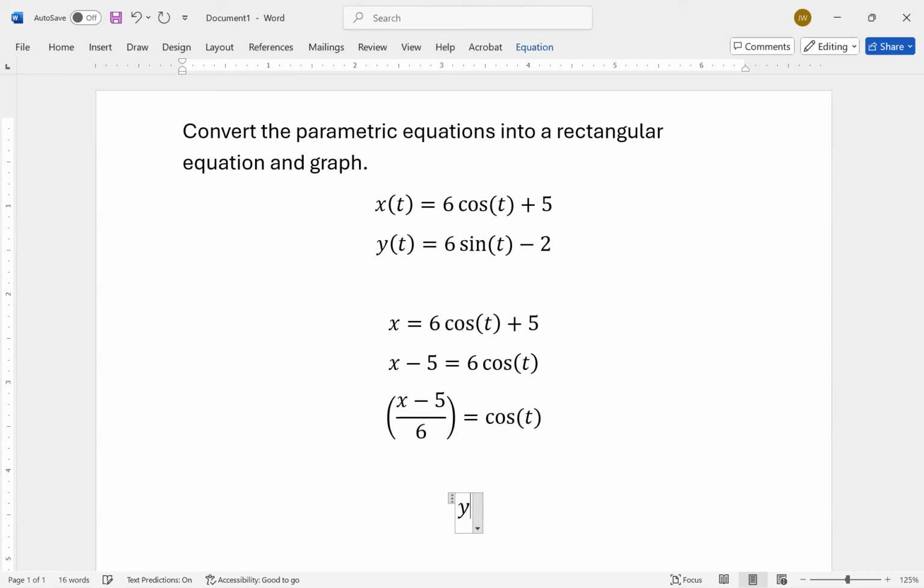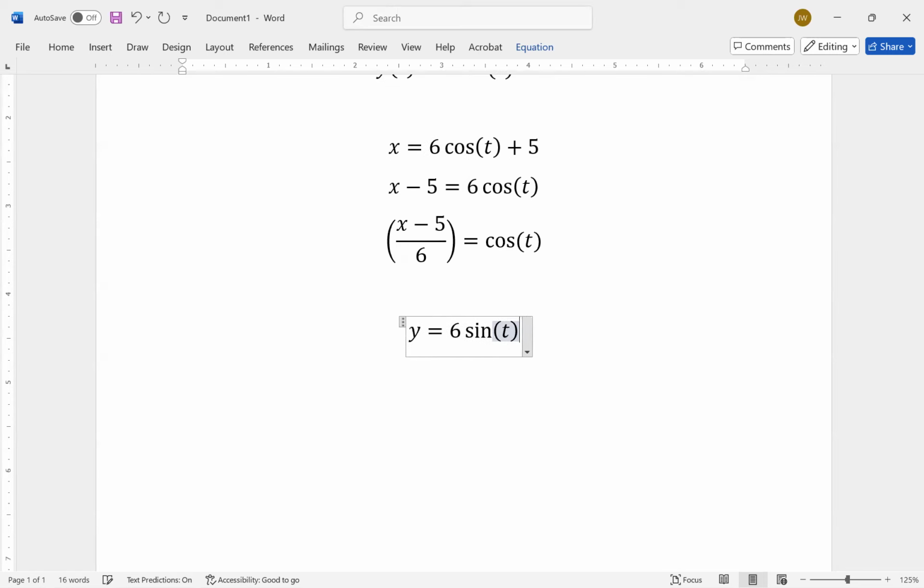We have y equals 6 sine of t minus 2. Add 2 to both sides, and then divide by 6. That would give y plus 2 over 6 as sine of t.